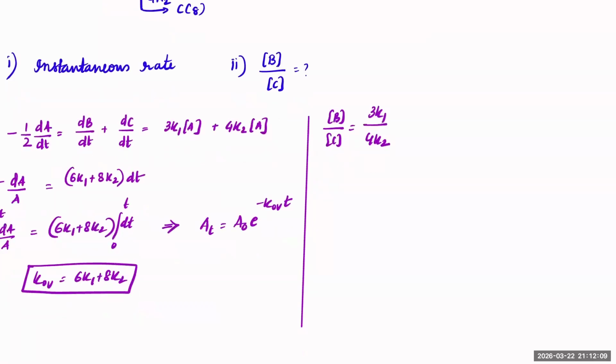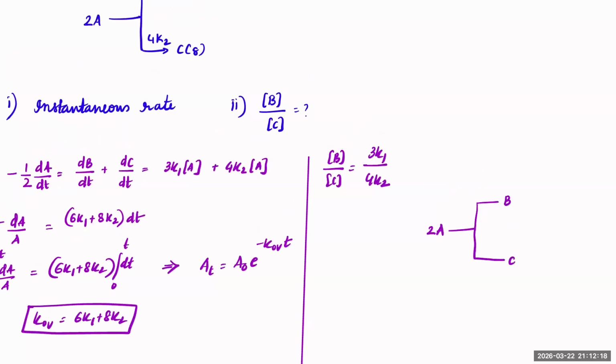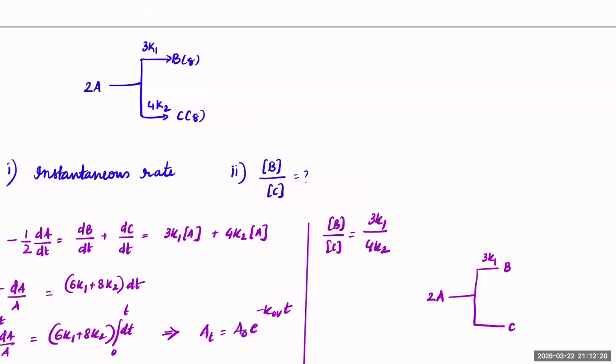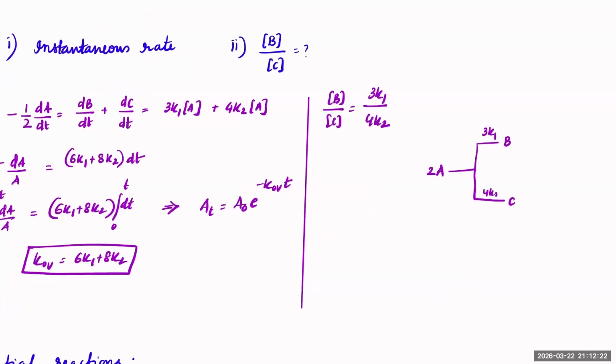2A is giving B and C here with 3K1 and 4K2. So if this is A naught minus X minus Y, now this will become X by 2 and Y by 2, correct?